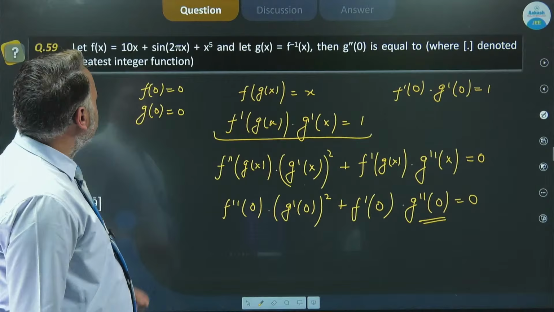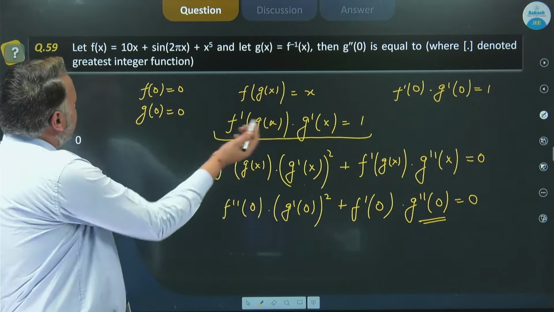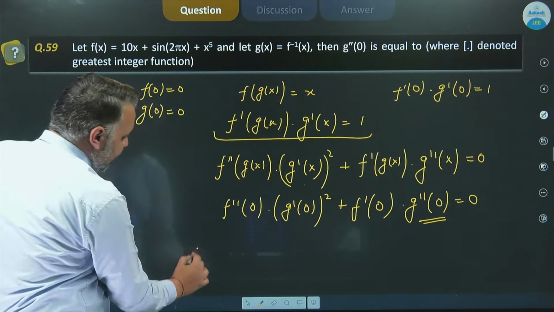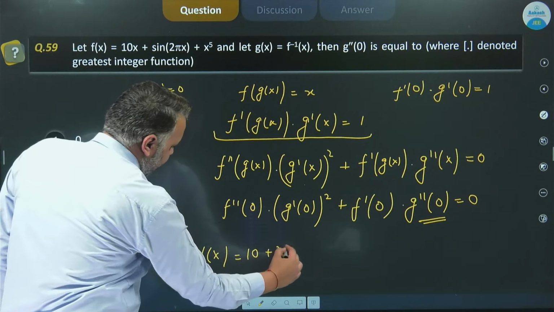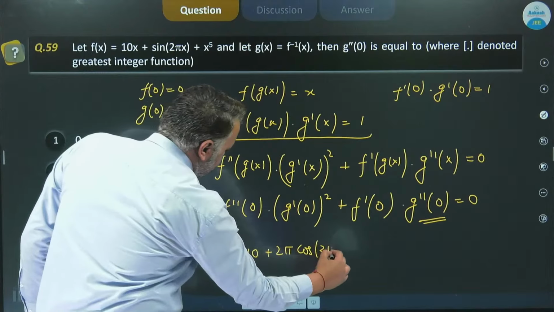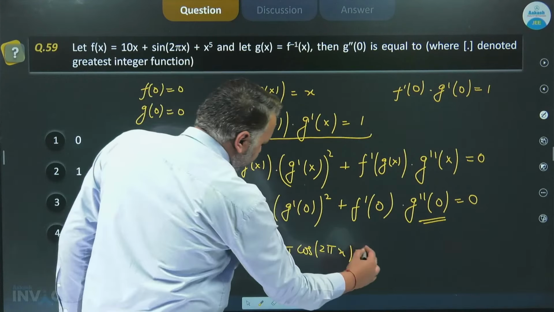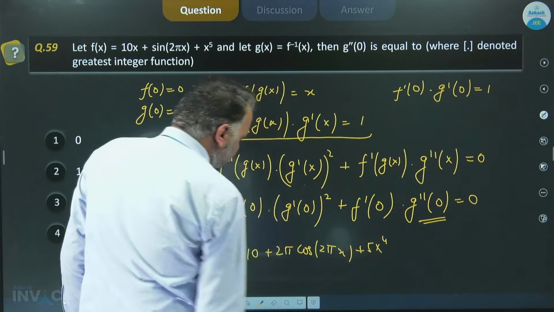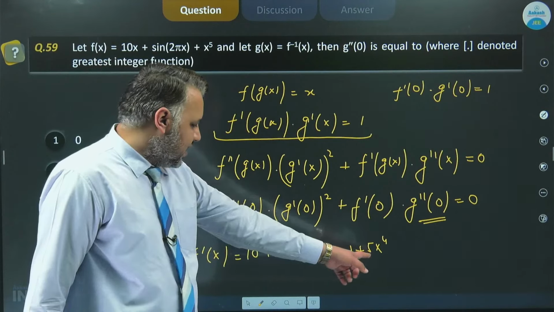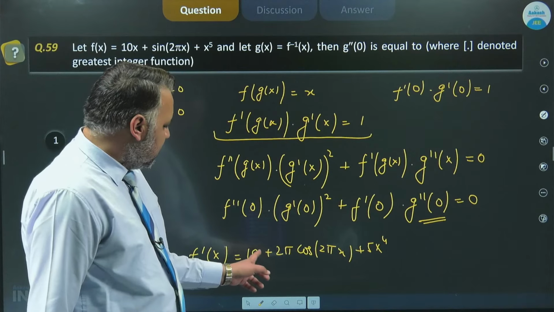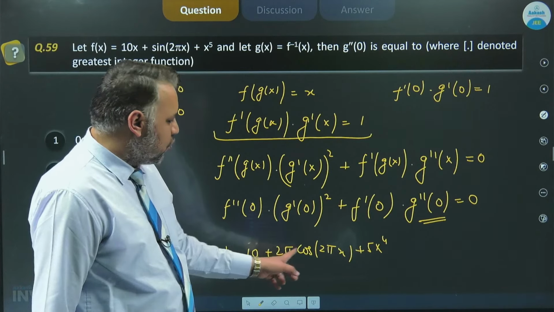Now differentiating this function f(x) with respect to x, f dash x is 10 plus 2 pi cos of 2 pi x plus 5x power 4. If you put x equal to 0, you will get that f dash 0 is 10 plus 2 pi.